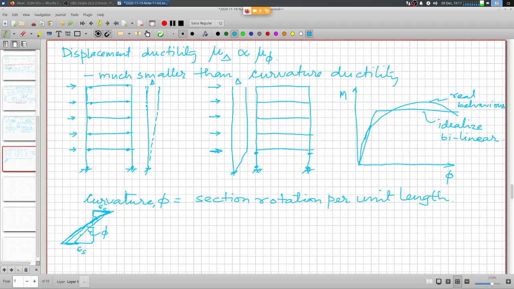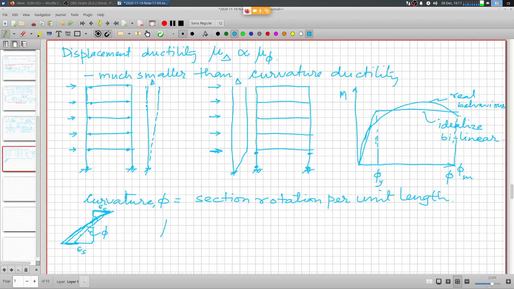This is what we call the yield curvature, and this is what we call the maximum curvature, or the maximum deformation at the collapse load.